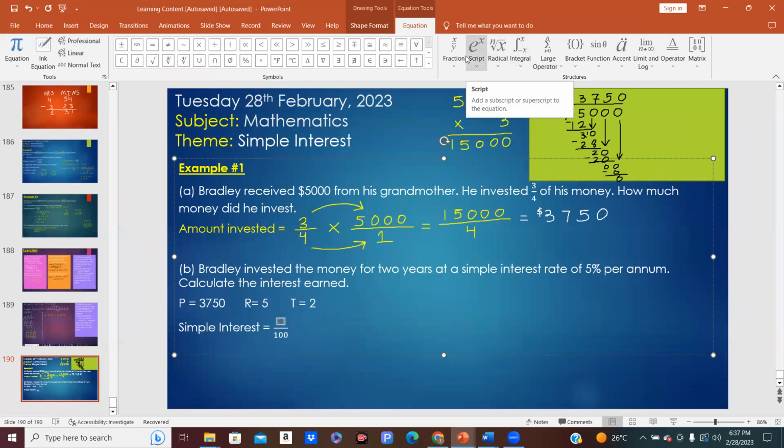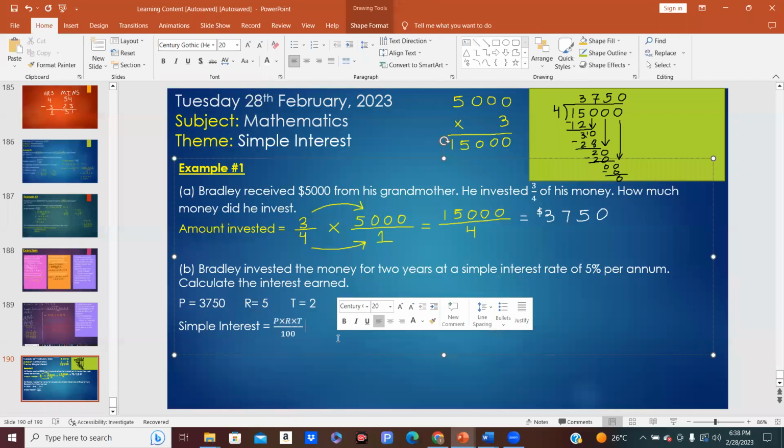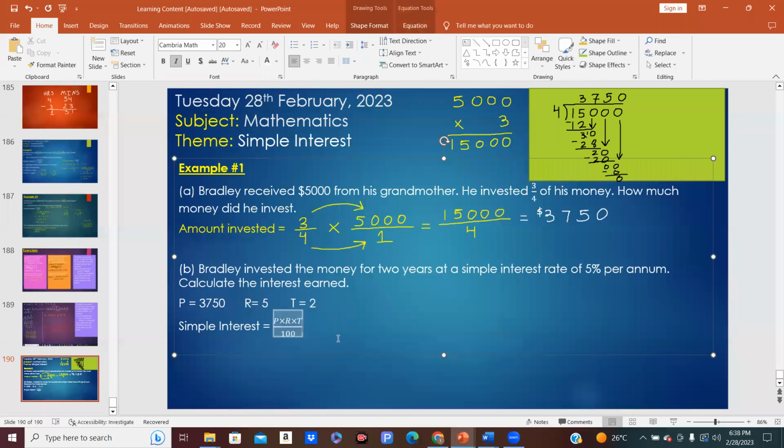So we have P multiplied by R multiplied by T, okay? That's the principal times the rate times the time. In this case, what's it going to look like for us?